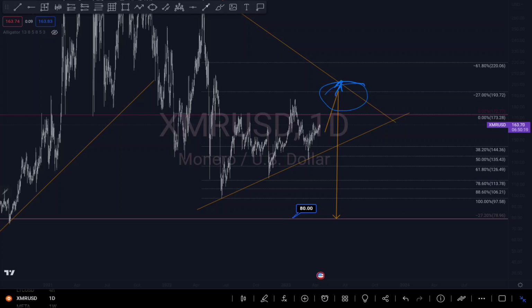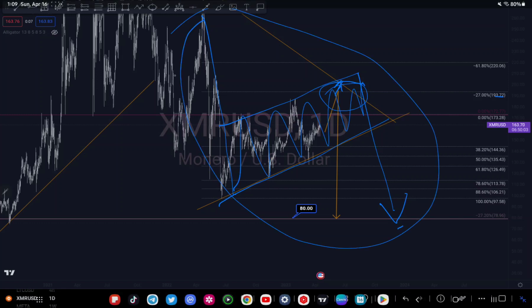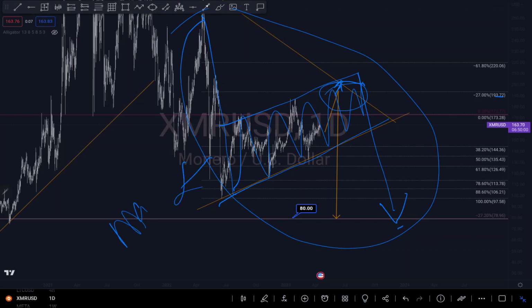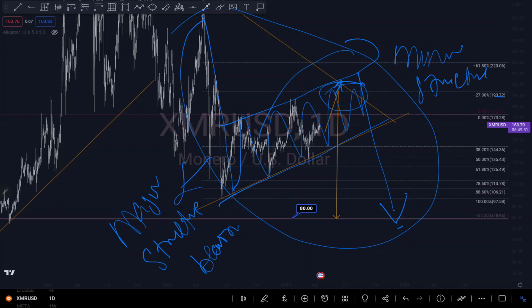So I said I was expecting Monero to at least get to this level right here, a little bit of this level as well. My reason is that it might just come up there because we're still on a downtrend in general, but this is a minor structure that we are seeing for it to continue to push and impose a correction around this level, then a continuation. So overall, this is the major structure move, which is bearish, while the minor structure direction is bullish.